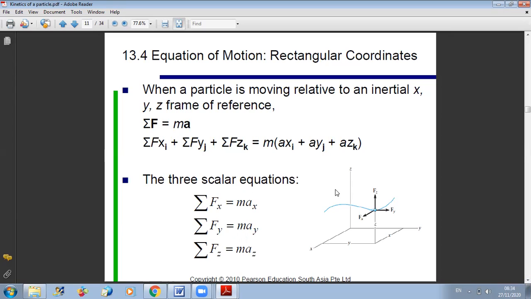So you can apply Newton's law in this frame, and then the vectorial relation sum of forces equals ma can be decomposed into three equations, like in statics. But now instead of putting 0, I have sum of Fx equals max, sum of Fy equals may, and sum of Fz equals maz.